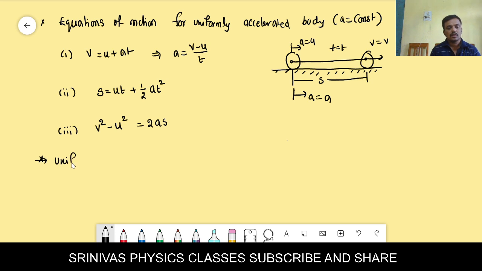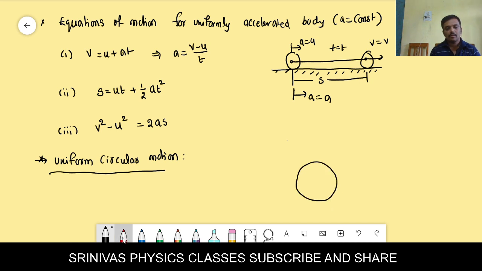Next one is uniform circular motion. Which quantity will be constant in uniform circular motion? A body is in circular motion. This is a circle. One body is moving along the circle with some speed. When we say that the body is in uniform circular motion, which physical quantity should remain constant?